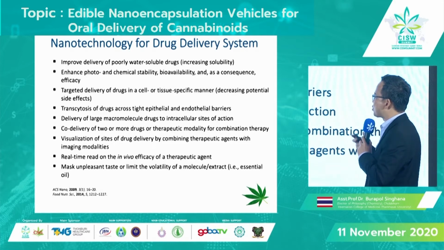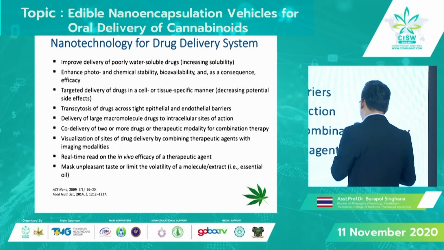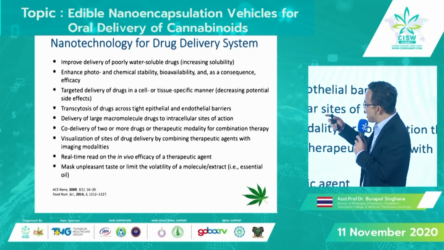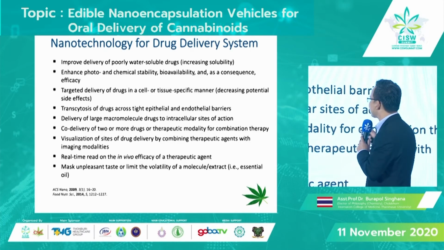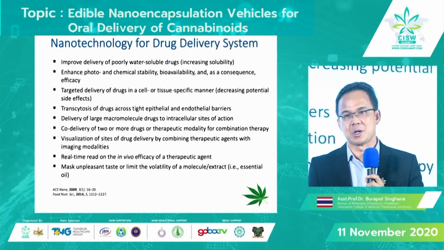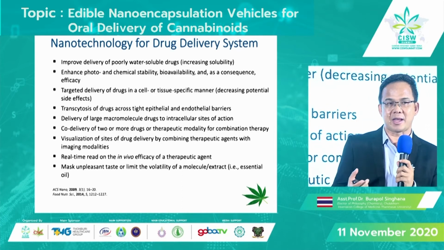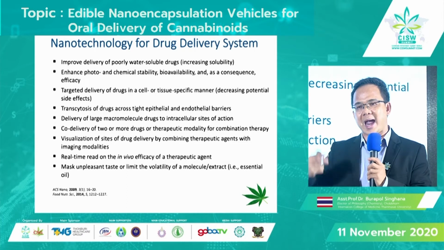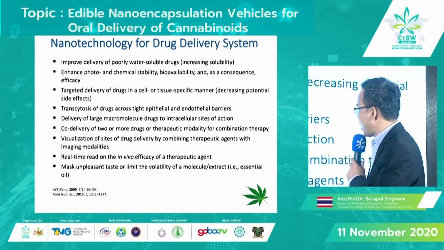We can make it smarter by connecting with a targeting ligand for targeted delivery of drug in a cell- or tissue-specific manner, in order to decrease side effects. For example, Doxil or Lipodox: we put doxorubicin into liposome, and we can decrease side effects.